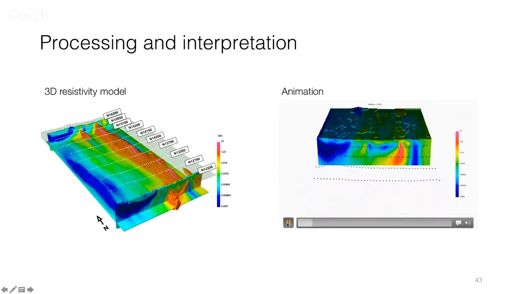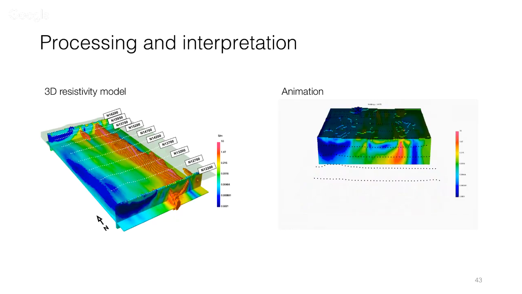What we're seeing now is the result: we've done the inversions, so we fitted all those pseudosections, and now we're looking at a 3D model. And then we want to test that model.